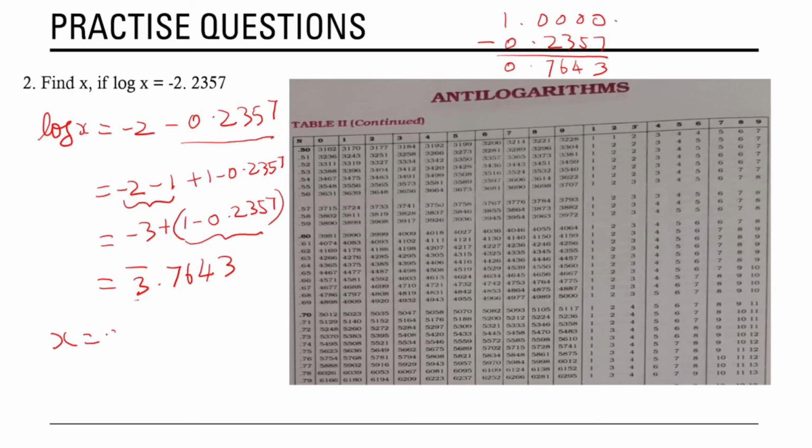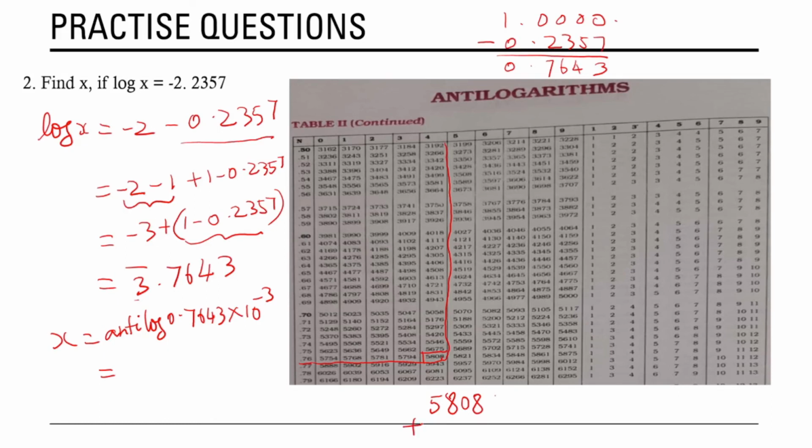So antilog of 0.7643 into 10 raised to minus 3. 0.76 is here, and then the next digit is 4, so I have to see column number 4. It is 5808.